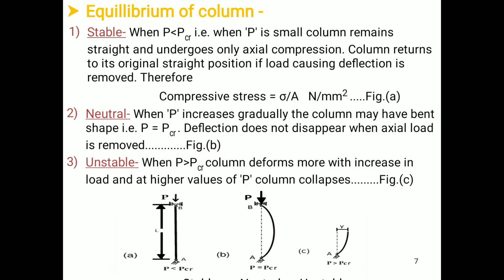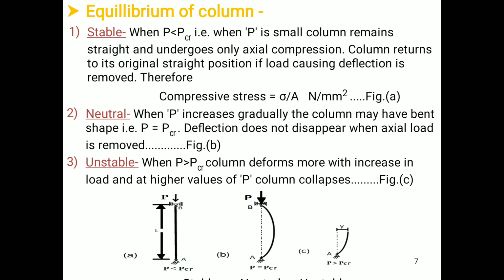So first of all we will discuss the equilibrium conditions for the column. The first one is stable equilibrium. When axial load P is less than P critical, the column remains in a straight position and it undergoes only axial compression. So what does it mean?